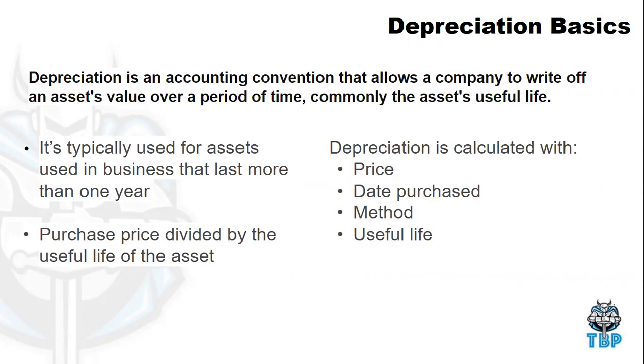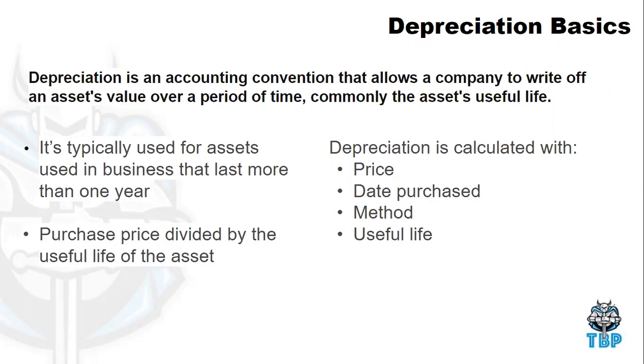But instead of saying, I spent $20,000 on this asset, and marking off $20,000 for that year, you're dividing that across the years, because technically you're going to be using that asset for multiple years. So it allows for a more accurate reflection of your expenses, and we'll go through a couple of examples.